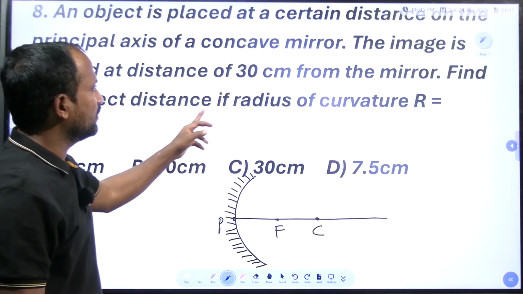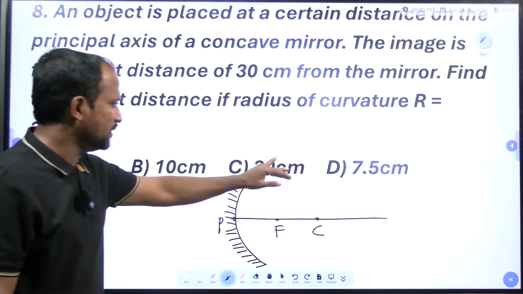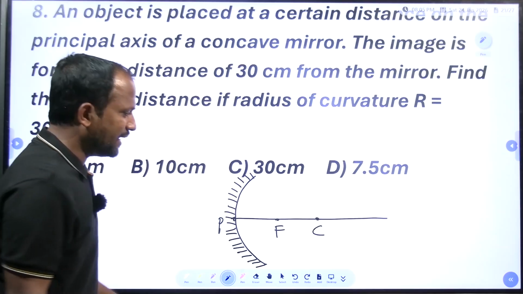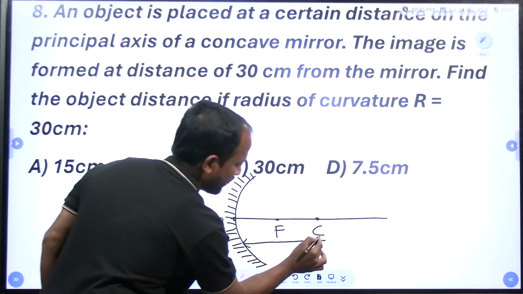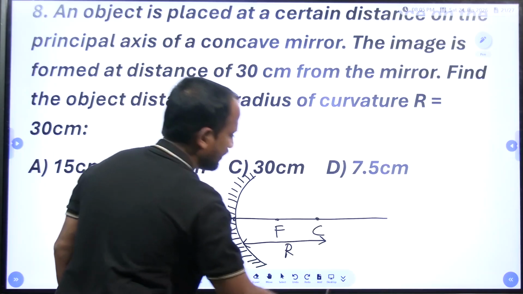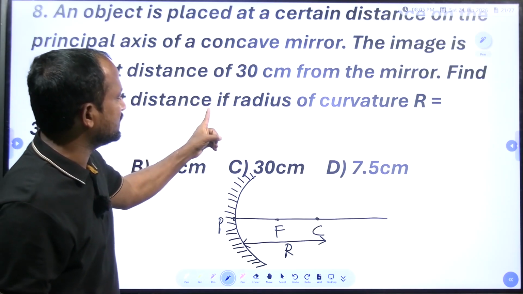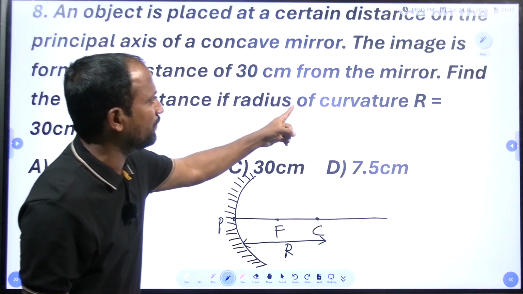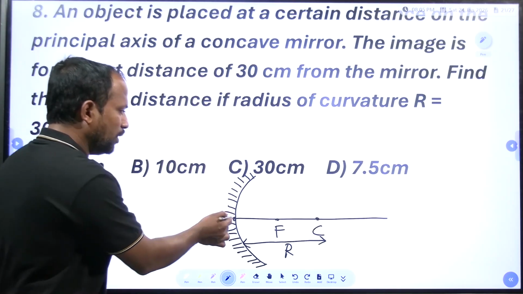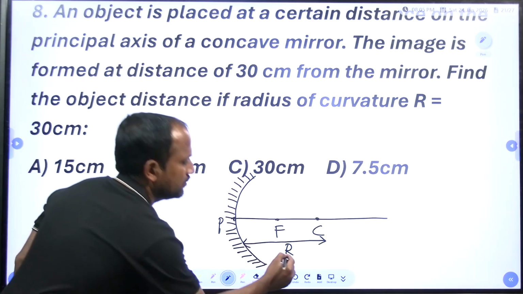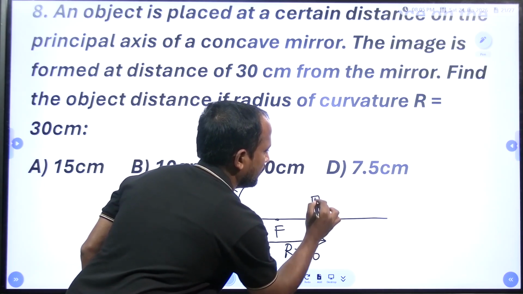Now the radius of curvature is the distance of these curved portions, R. If the radius of curvature R is 30 centimeters, the center of curvature is at 30 centimeter distance from the pole.